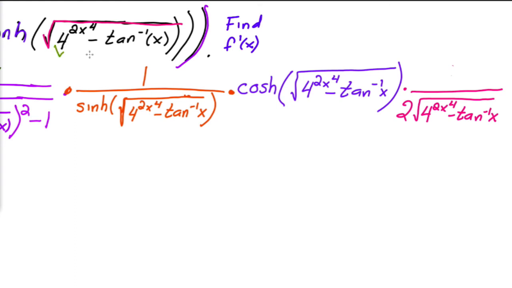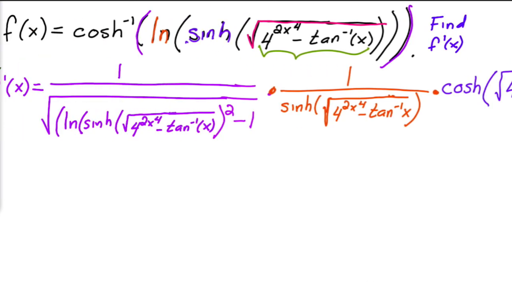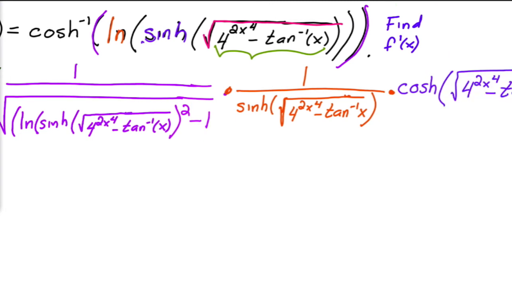So here the derivative of this guy is 4 to the 2x to the 4th, because the derivative of this guy is itself, times natural log of 4, times the derivative of its inside, which is 8x to the third, minus the derivative of inverse tangent, which is 1 over 1 plus x squared. And that right there is the derivative of that monster. That whole thing right there.